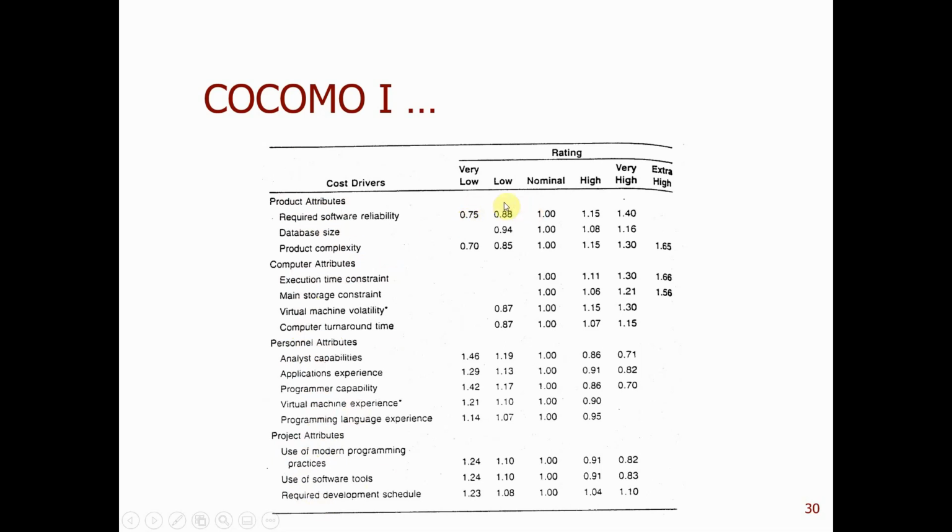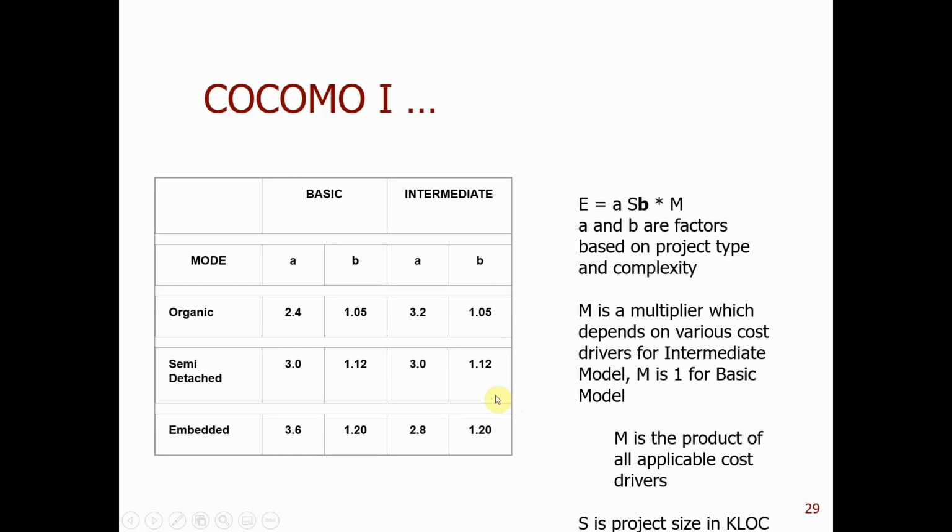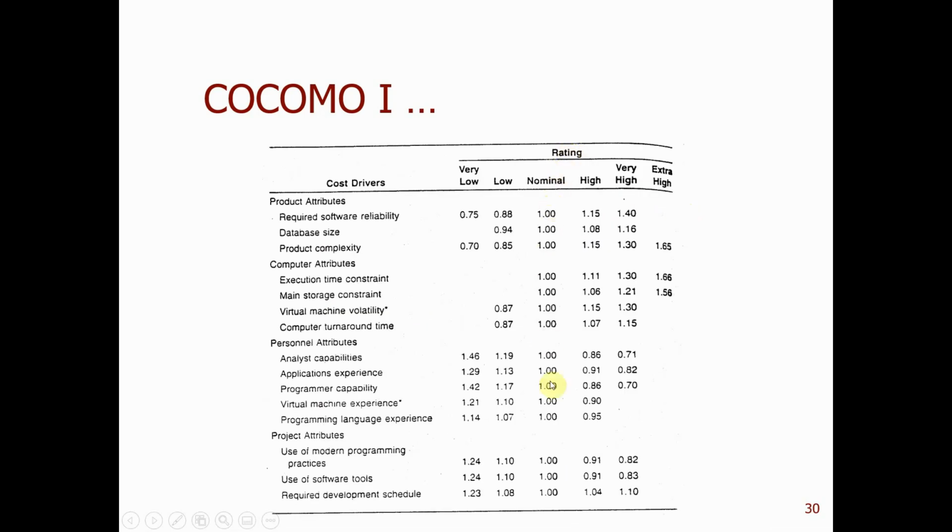Each of them you give a rating from very low to extra high. If you don't have much information about them, you just use 1, so they don't contribute to the cost. So 1 is nominal. In your basic model, M is 1, which means everything is nominal, the middle point.